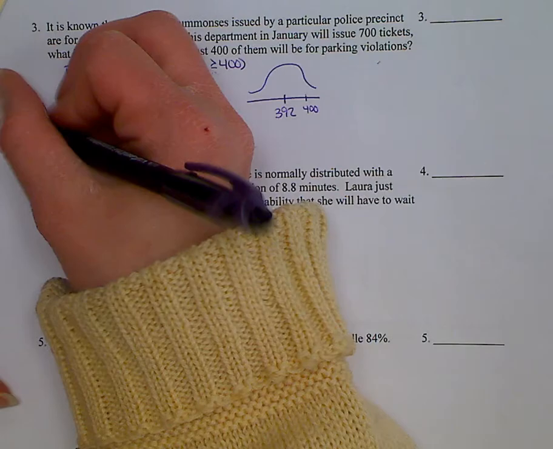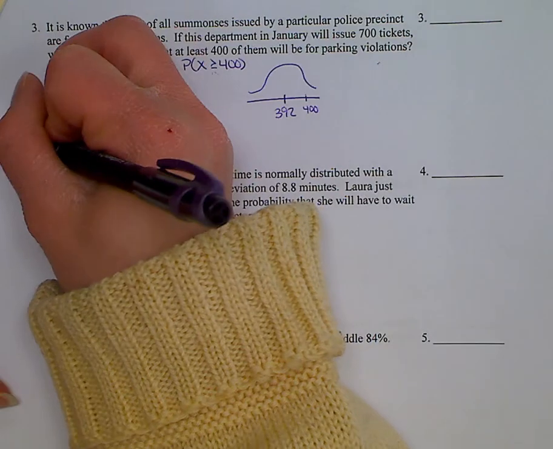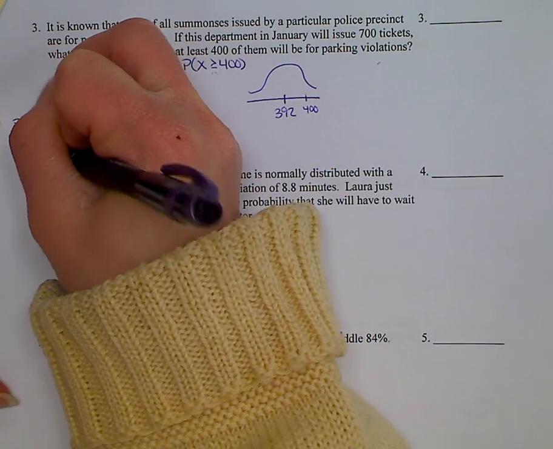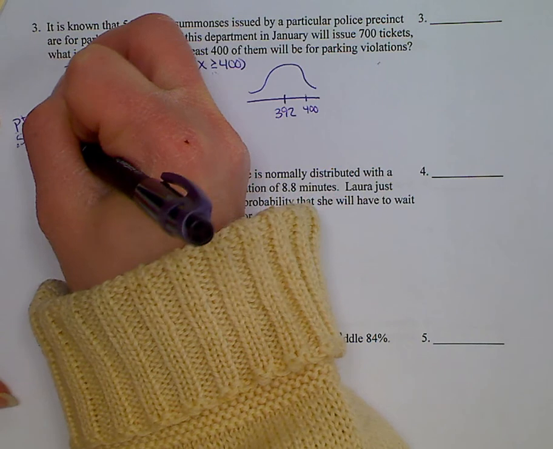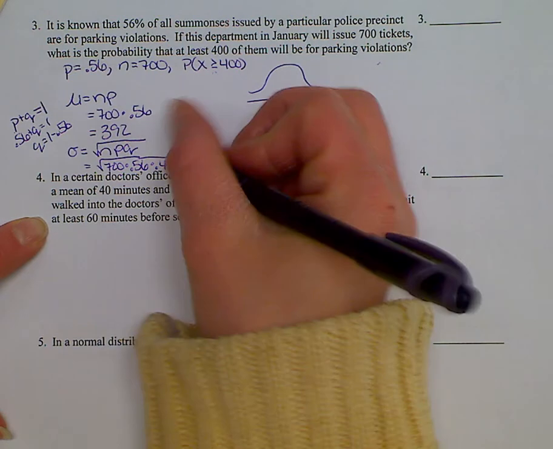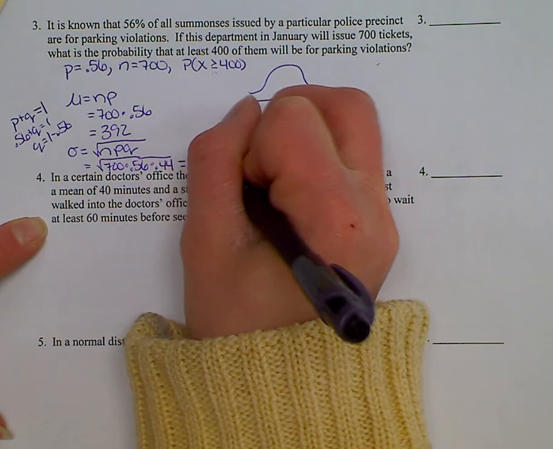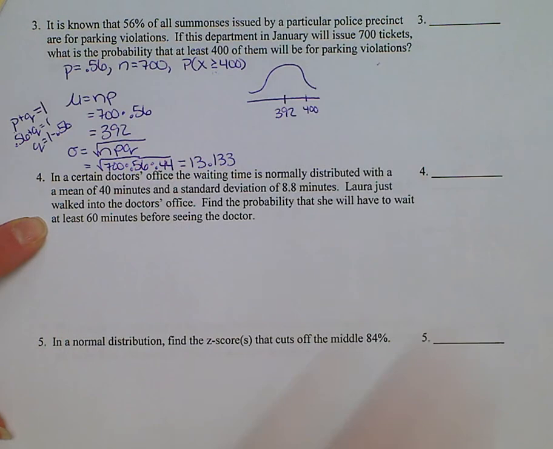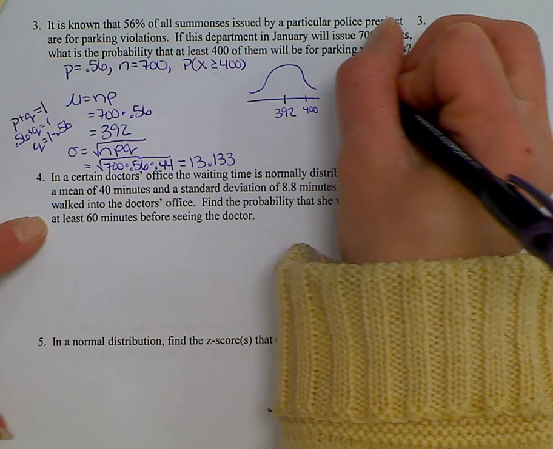So in this case, our p is 0.56, so q is 1 minus 0.56. Okay, so our standard deviation, again, is the square root of 700 times 56% times 44%, and we get 13.133-ish.